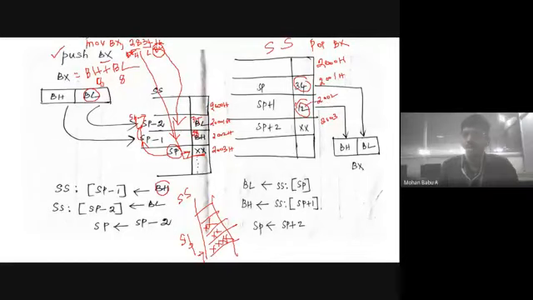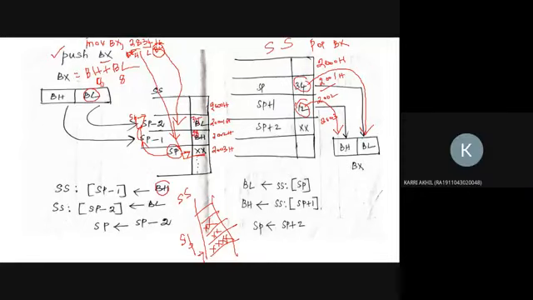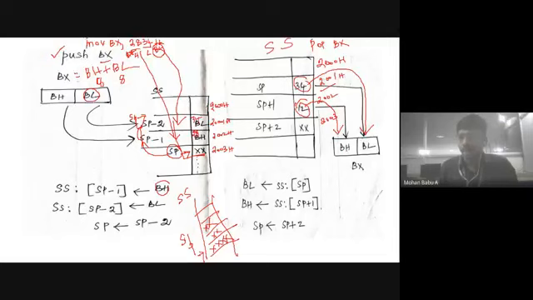So 12 will be moved to the BX register's higher part. Which one is the lower address, 2001 or 2002? 2001 is the lower address. The data will be moved to the lower register. BH contains which value, 34 or 12? BH is a register which stores the data present in the higher address.